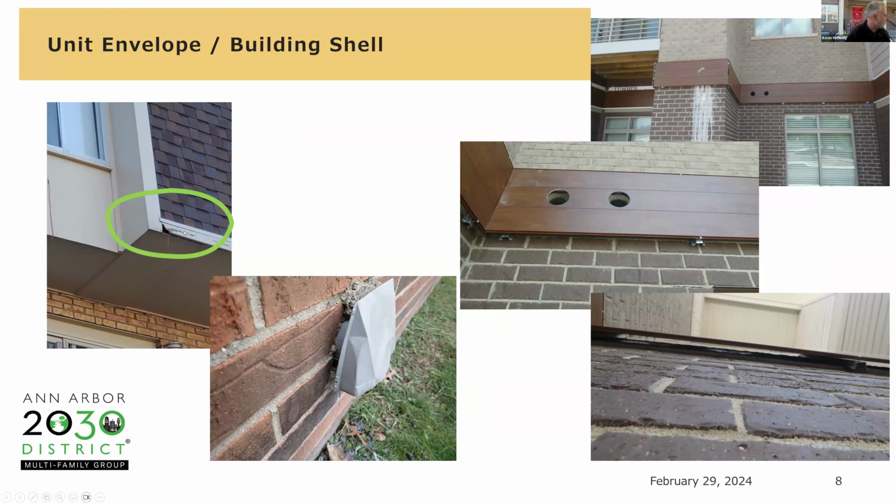Here are some existing buildings. This one is an older building that needs some maintenance on its fascia and soffit area. We have a gap right here where we're not only getting air leakage, but when I was out there, there was a family of birds living in there.